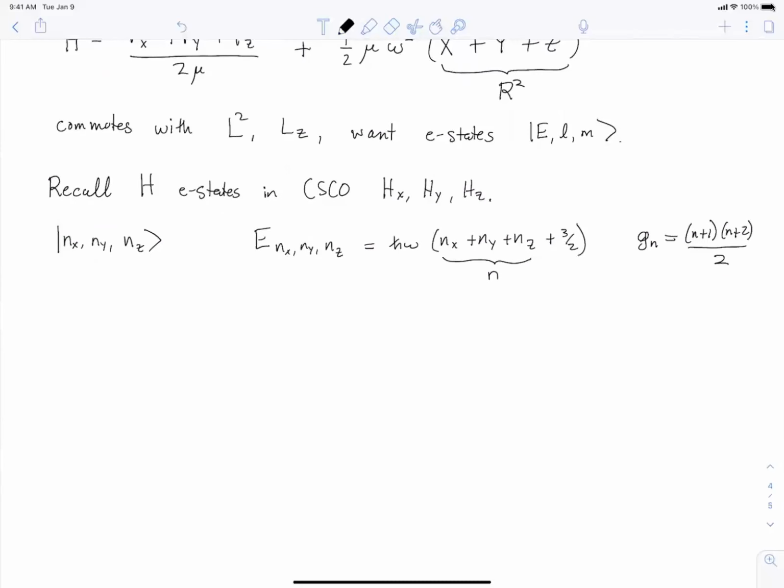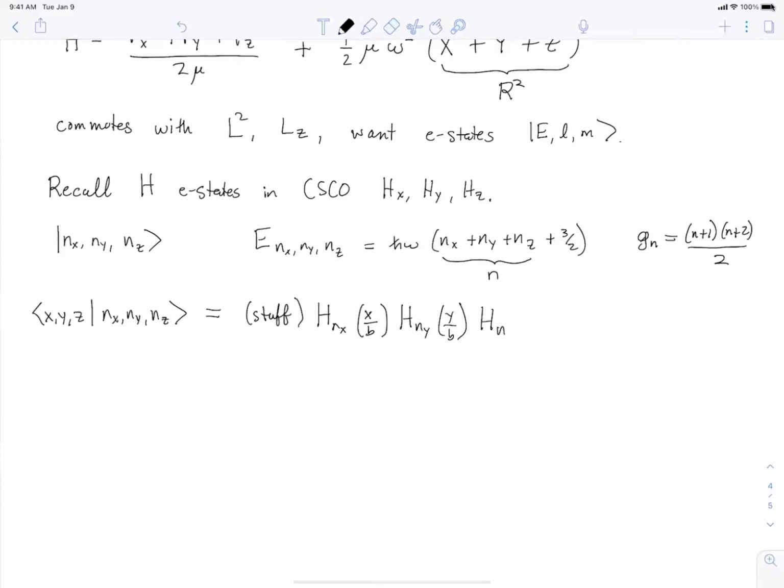Furthermore, we even know something about the wave functions, because if we look at the wave functions in rectangular coordinates, for example, this is just a product of 3 one-dimensional wave functions. So there's a bunch of stuff here that's constants. And then there's a Hermite polynomial for n sub x, which depended on our rescaled x coordinate, and similarly for y, but it has a different Hermite polynomial, and similarly for z.